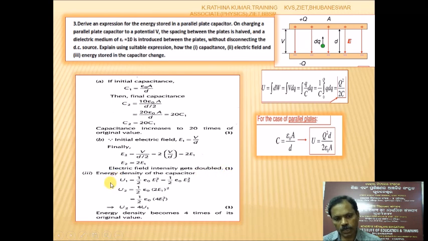Then the third one, the energy density of the capacitor. U1, the initial energy density, is half epsilon naught E1 square.